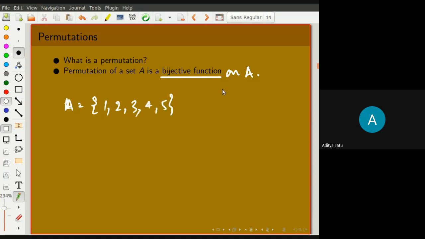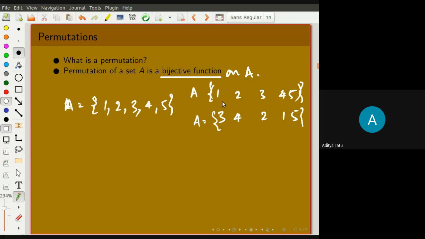Give me one permutation of this. 3, 4, 2, 1, 5. Okay. So here you have your original set A. Now, after rearrangement, you still have the same set, right? The set does not change.